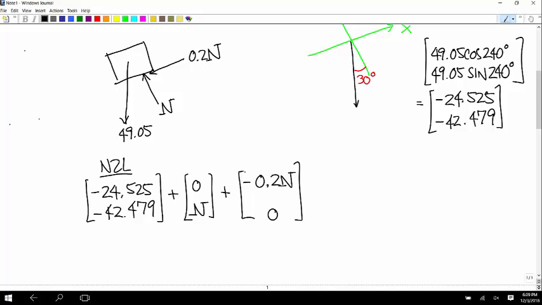And remember, this n here isn't saying negative 0.2 newtons. I see that pretty often. This is saying that whatever you get for this value n, you plug it in there and multiply it by 0.2. And all that's equal to the mass of the body, 5 kilograms, times the acceleration, a, 0.